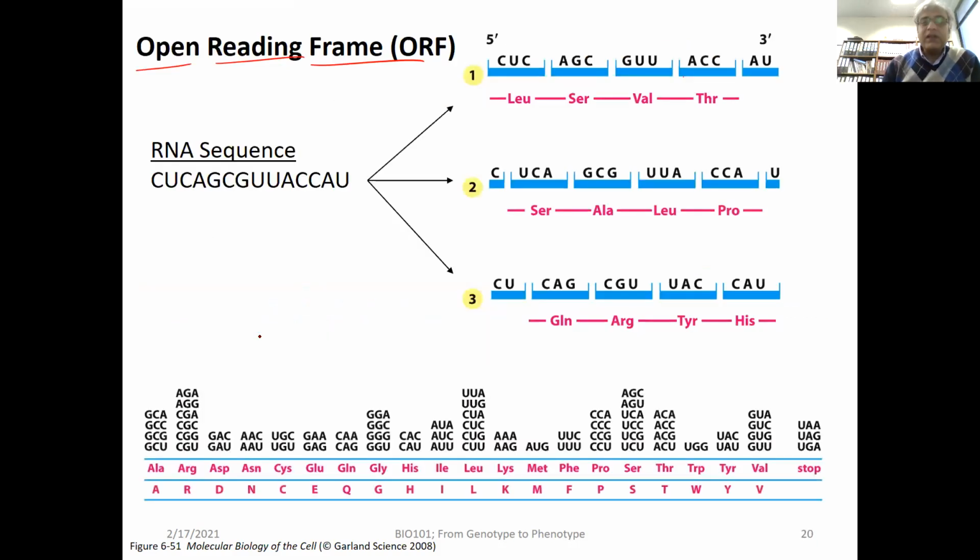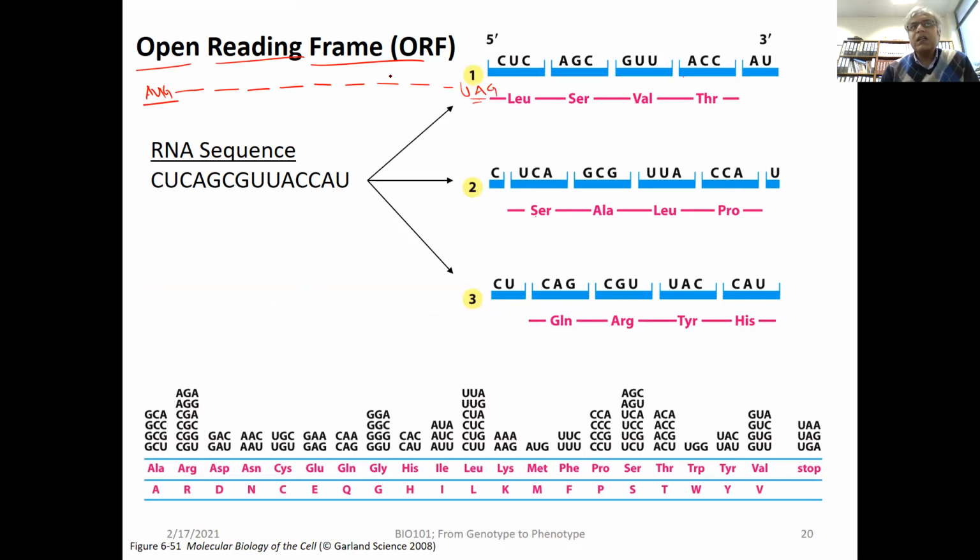Now, what is an open reading frame? Open reading frame means starting from the AUG sequence, which is the first translation start codon, you go in a triplet code, you keep going, and then comes UAG, the stop codon.